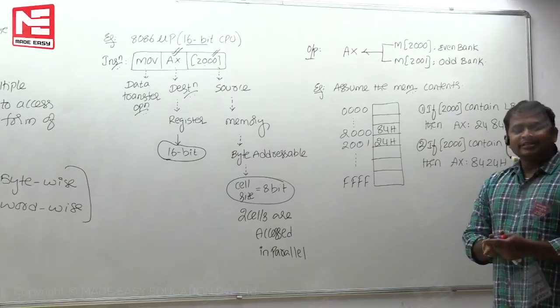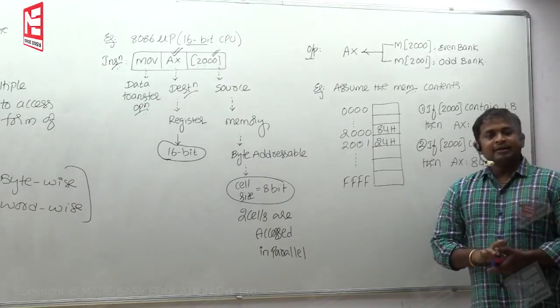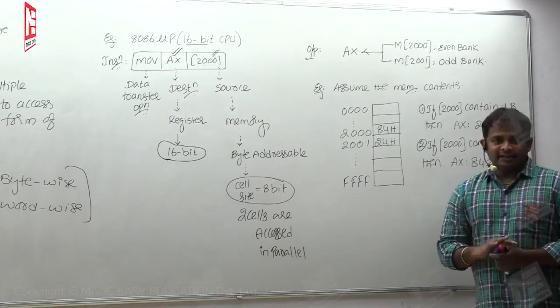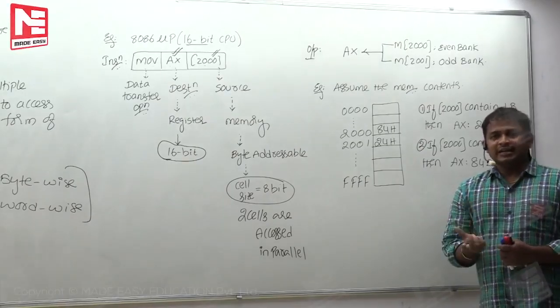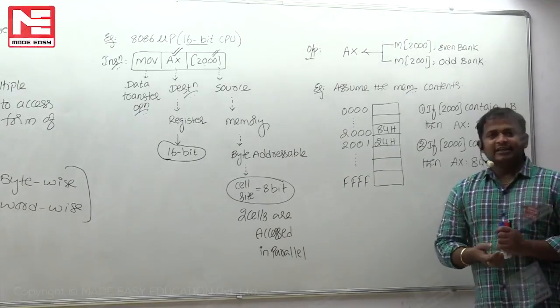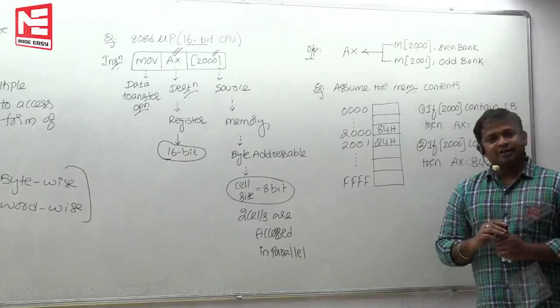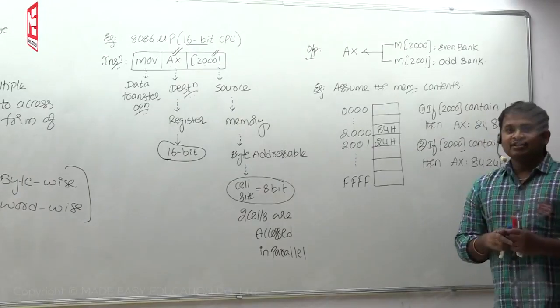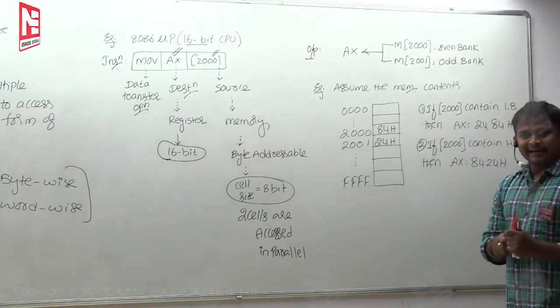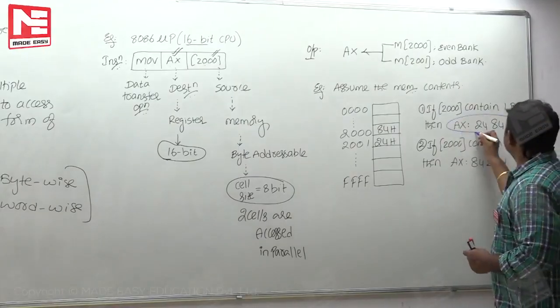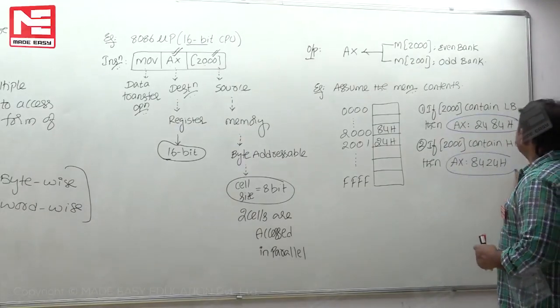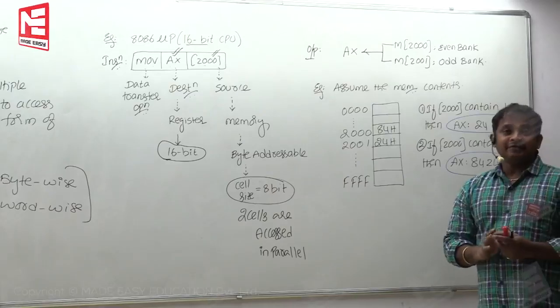So when we are accessing two cells of a memory, we don't know the order of the data storage. Which cell contains the lower byte and which cell contains the higher byte, that information is not available. That is the reason two possible outputs are generated. This is one output, this is another output. This is called the ambiguity.